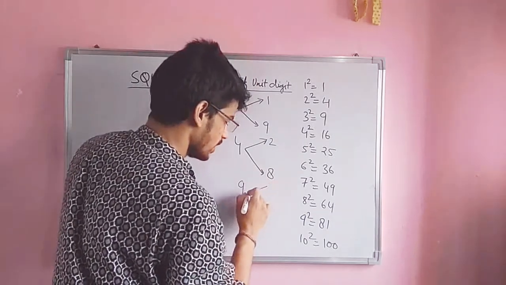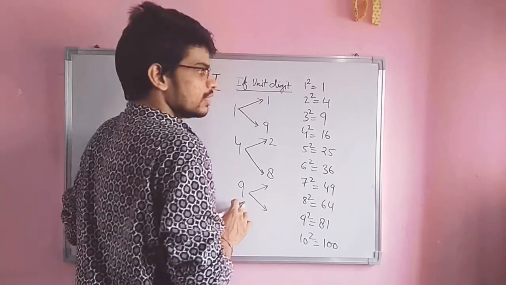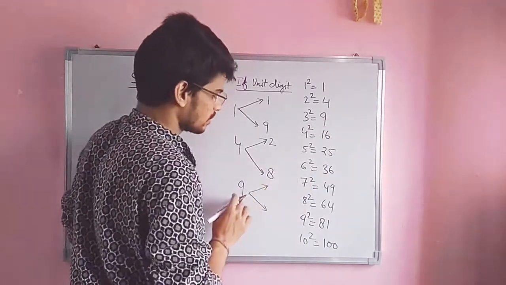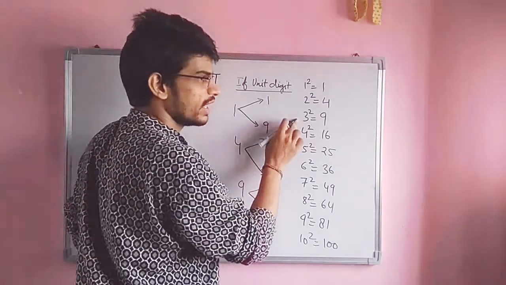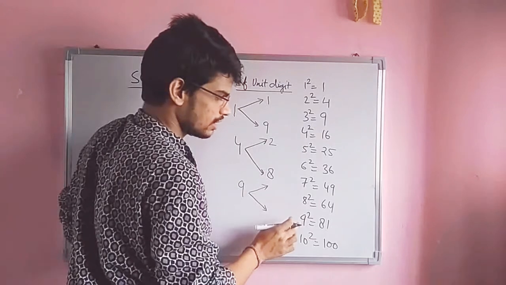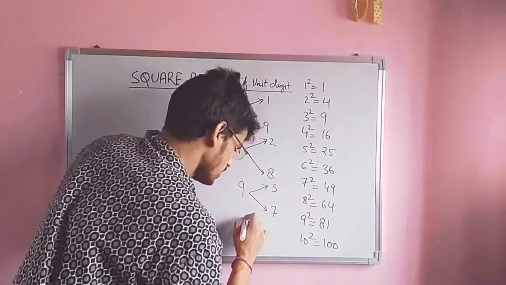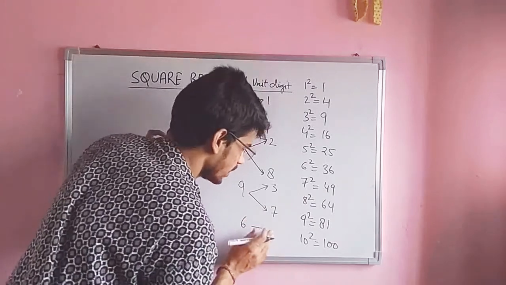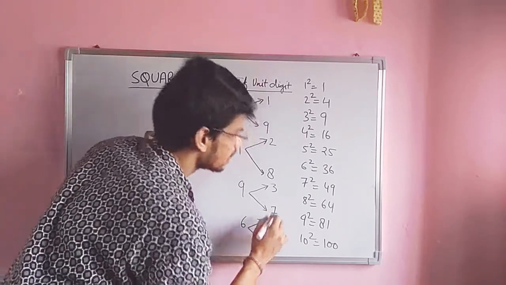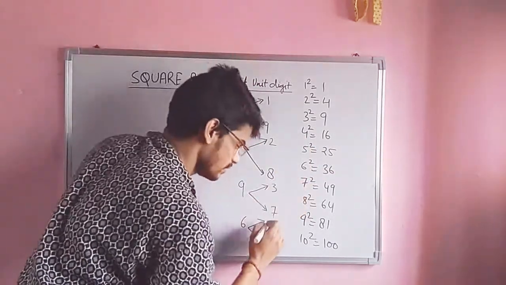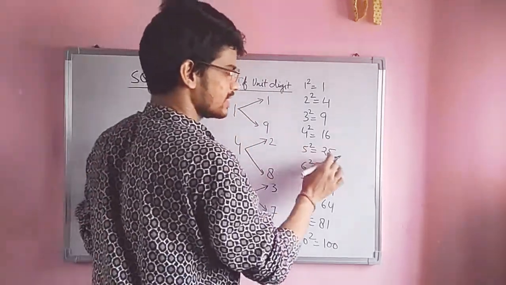If the square ends on the units digit 9, then the square root can end on 3 or 7. If 6 is the square's units place, then it can end in either 4 or 6.